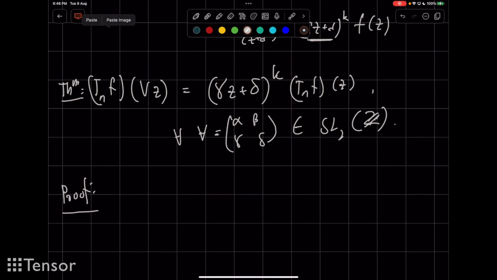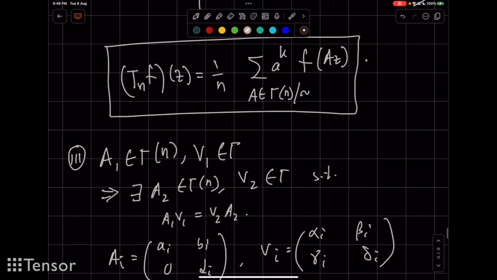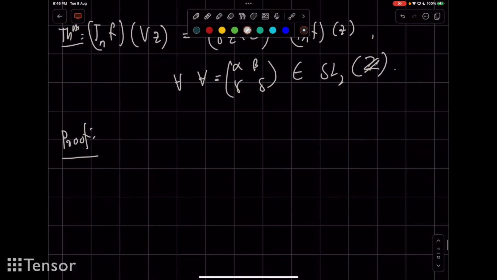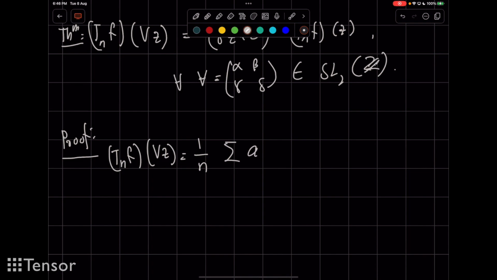So, right, let us write the new definition of Hecke operators we've seen. That is, T_n f of V z is equal to 1 over n sum of a to the power k f of a V z, right? Now this sum runs over all the a belonging to Gamma n modded out by the equivalence relation.